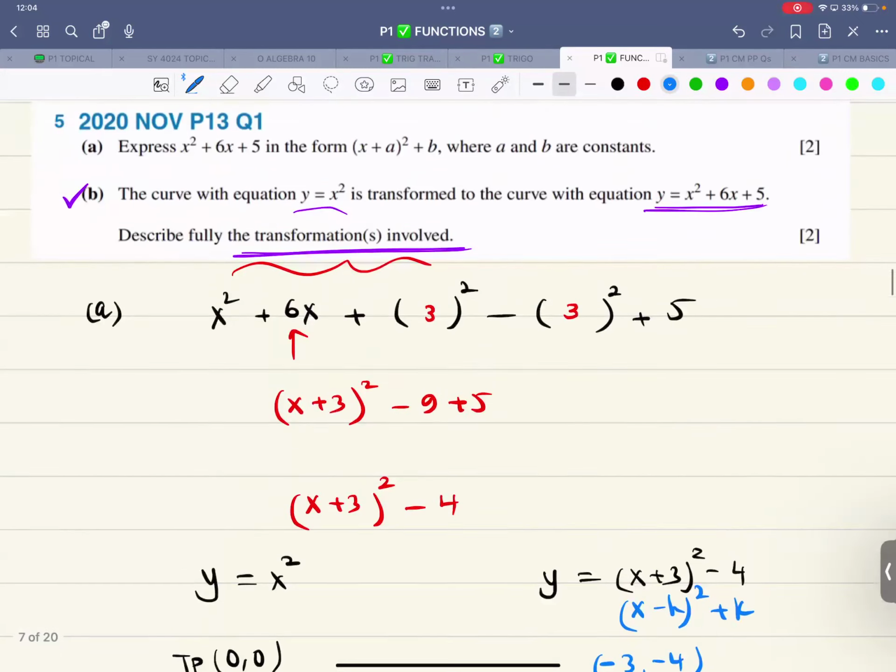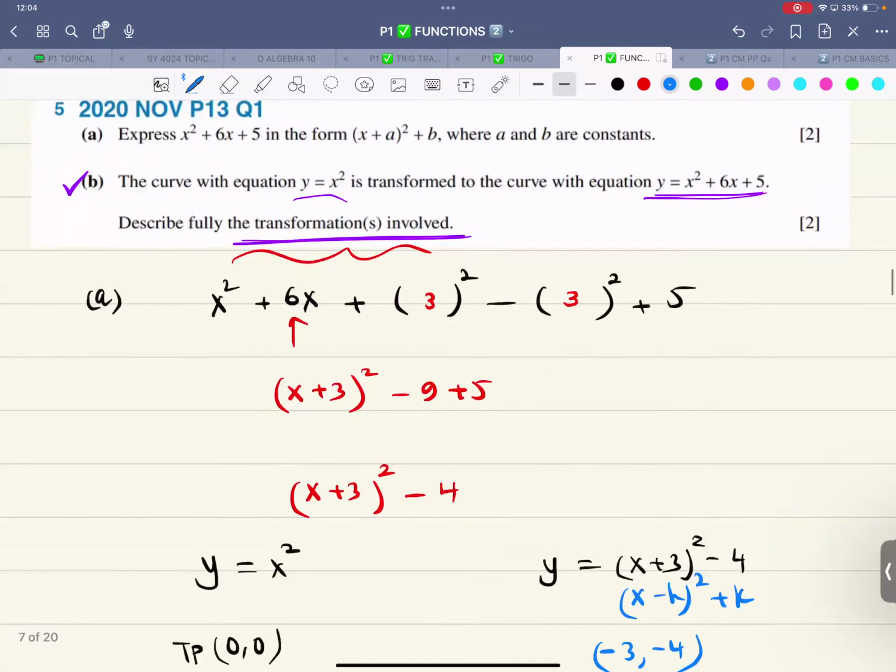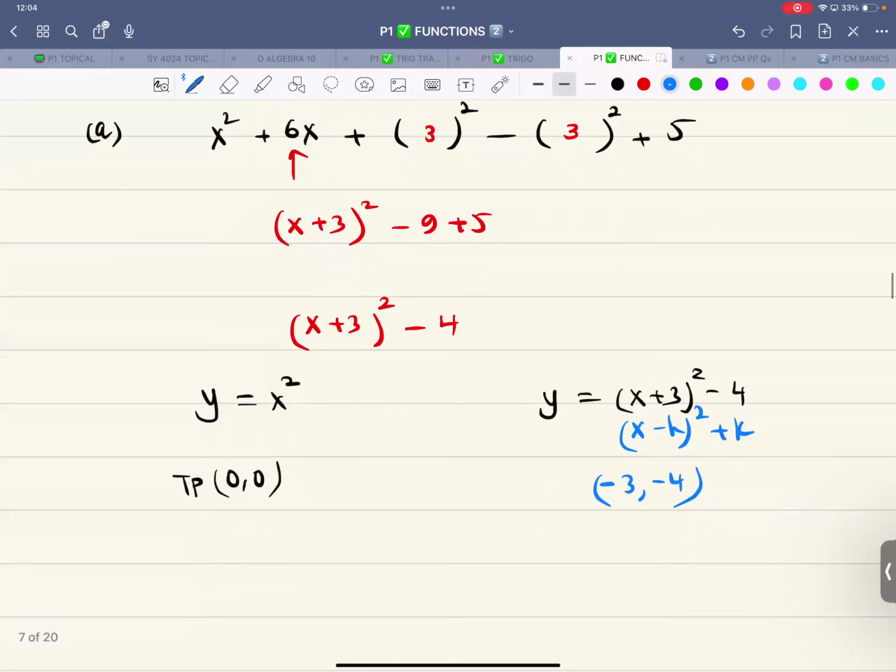The coefficient of x square is the same, so there is no stretch along the y-axis or along the x-axis, nothing like that. The only thing that is happening is translation. So this 0 is becoming negative 3. So 3 units left. And the y coordinate 0 is becoming negative 4. It's 4 units down.